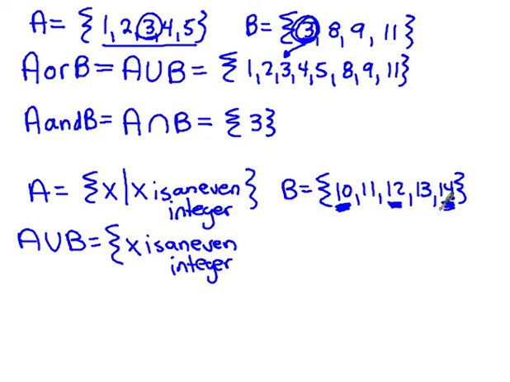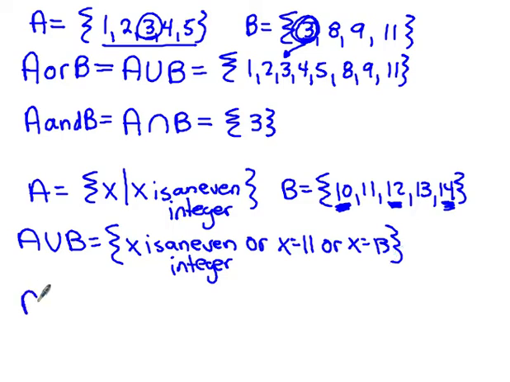So what I'm going to say here is that X is an even integer, or X can be 11, or X can be 13. Okay? And that's how you would write A or B.